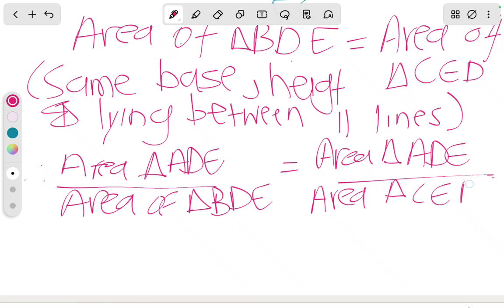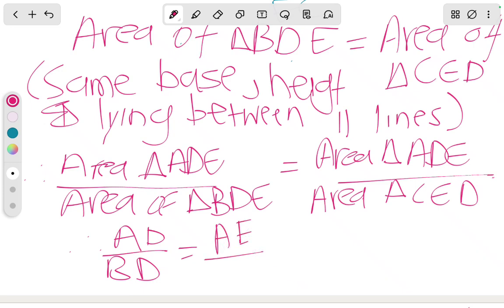If these two are equal, we can now conclude that AD over BD, remember, we have calculated our areas in our previous writing, so we can conclude that these areas are now equal. Therefore, these lines are also equal.